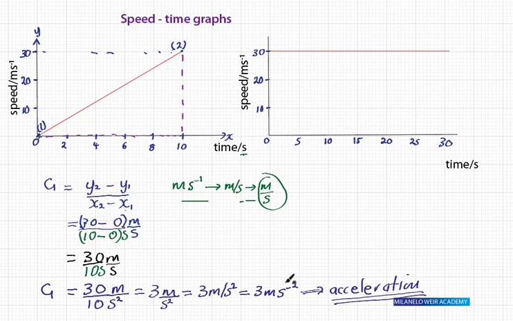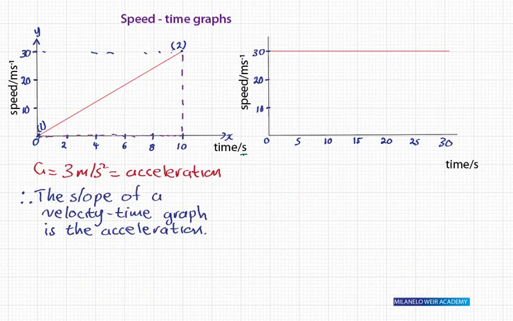From our calculations, G is equal to 3 meters per second squared, and we said that is the acceleration. Then in conclusion, the slope of a velocity time graph is the acceleration, right?